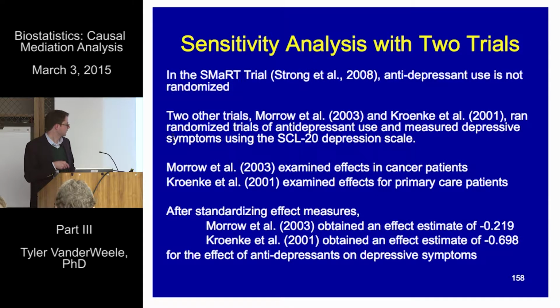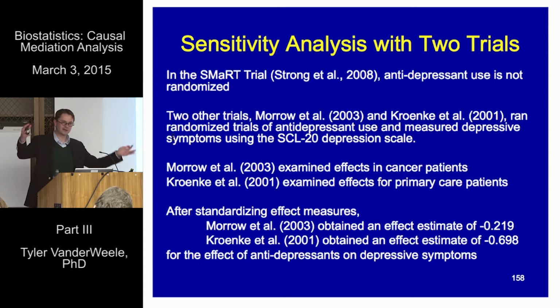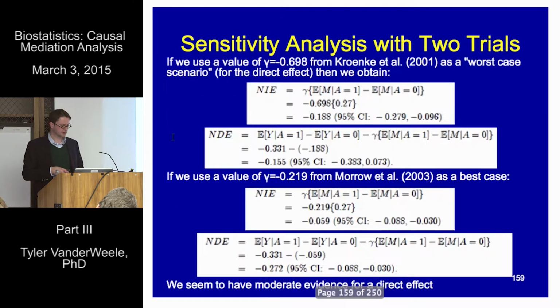In the Cronky et al. study, it was a 0.7 reduction in depressive symptoms. So fairly different effects, but again, fairly different populations as well. But we could treat these essentially as limits for our sensitivity analysis. And that's what we'll do in the following slide.